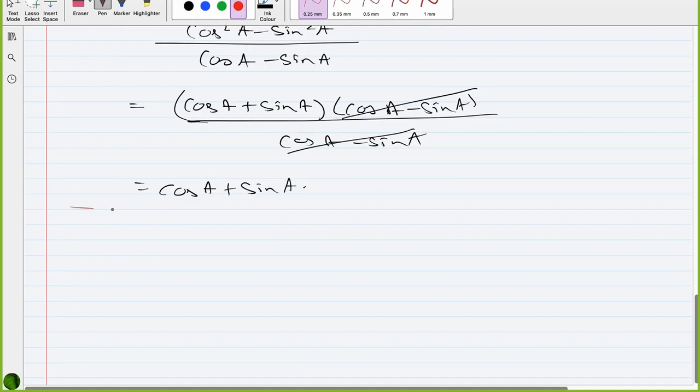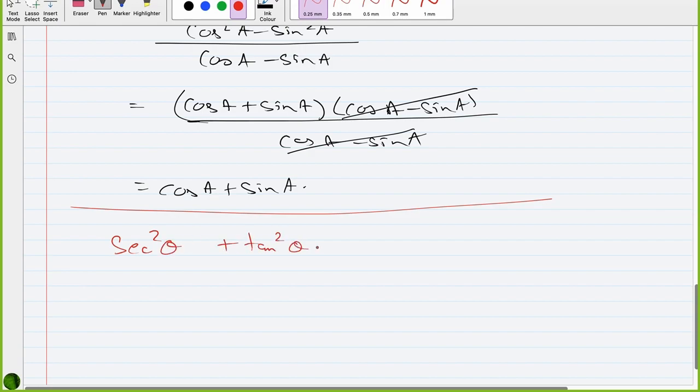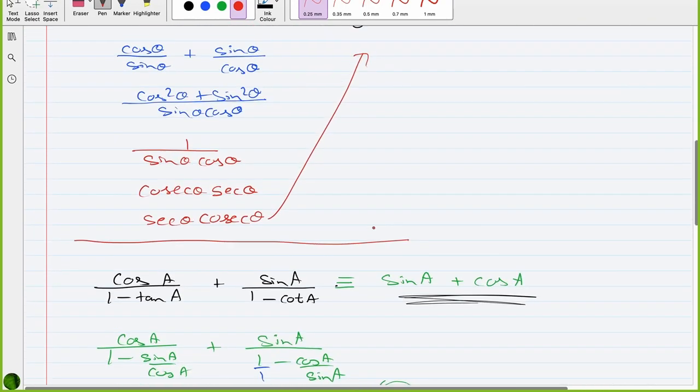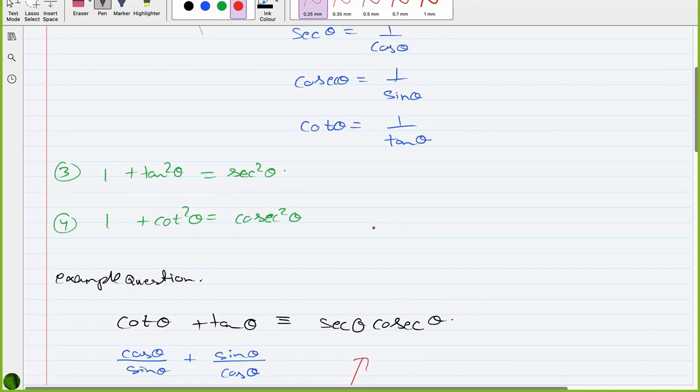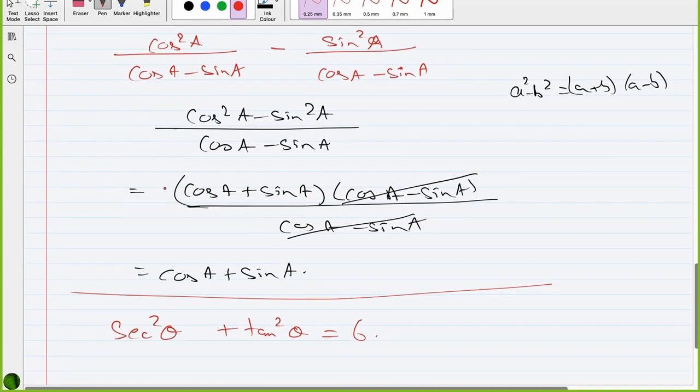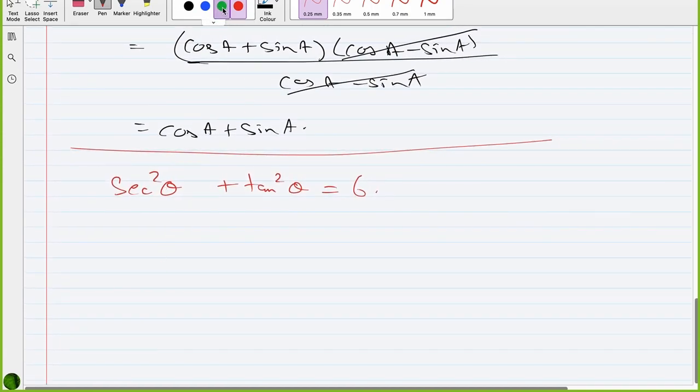Quadratic form. So this is secant square theta plus tan square theta is equal to 6, and we have our identities. We can use this. Secant square theta equals 1 plus tan square theta. So I'm replacing this secant square theta with 1 plus tan square theta, and tan square theta again is equal to 6.